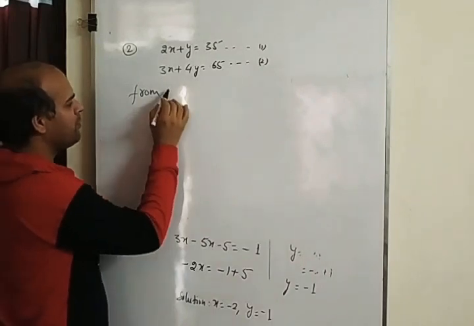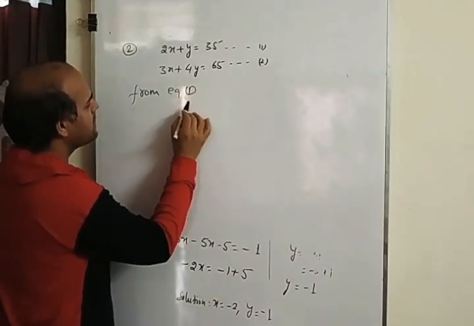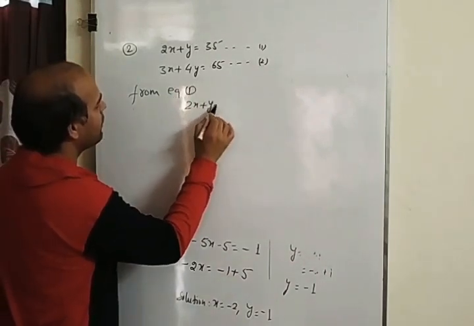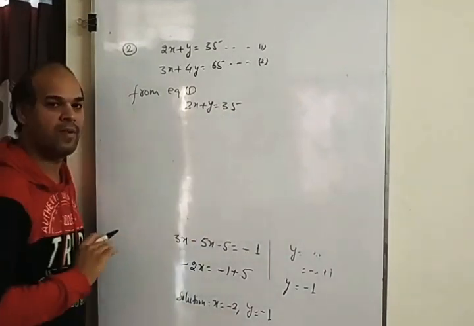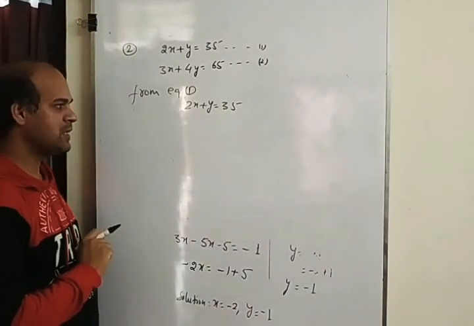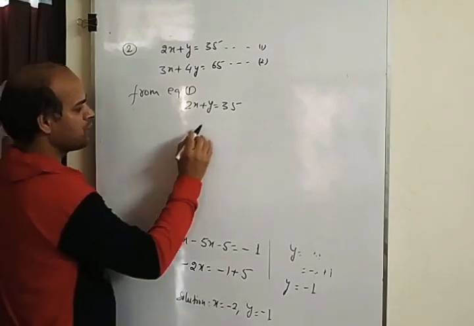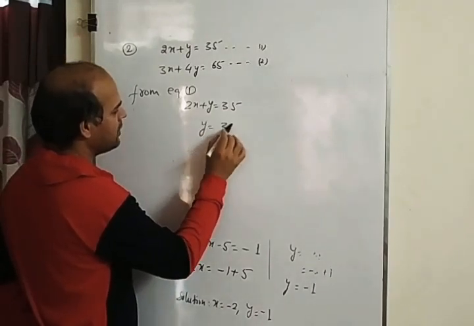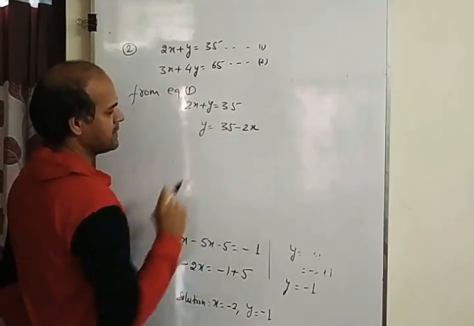So I am taking equation number 1, 2x plus y equals 35. So y equals 35 minus 2x.